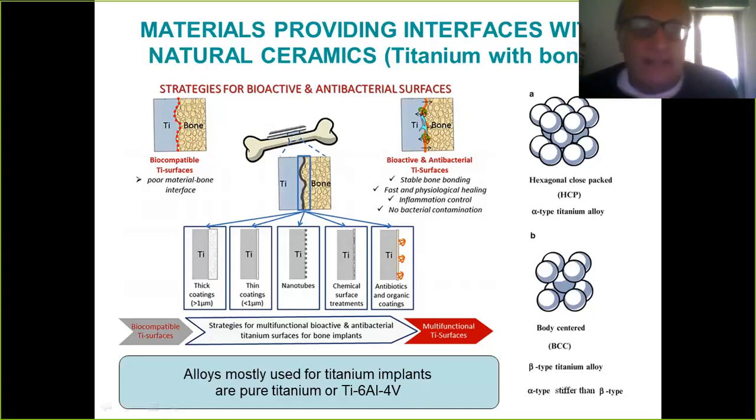Because when we started using some metals or some ceramics in repairing something in our body, their action was only mechanical. We put something that mechanically helps the bone to stay together, but there wasn't a real interaction with the bone. Also, there was a lot of inflammation.